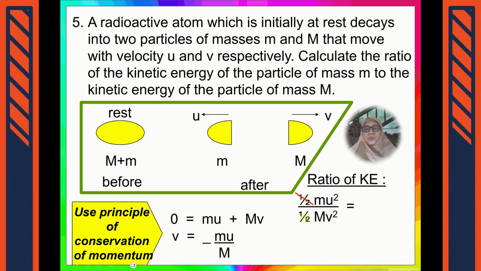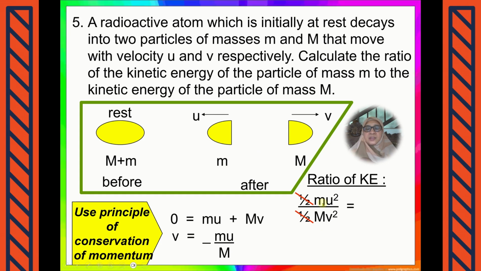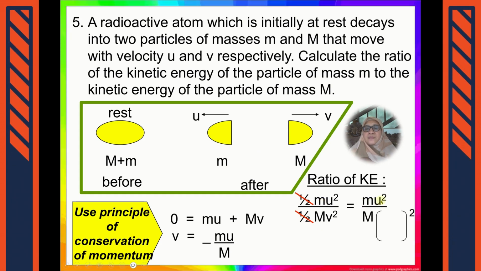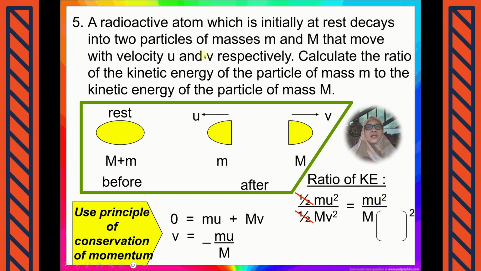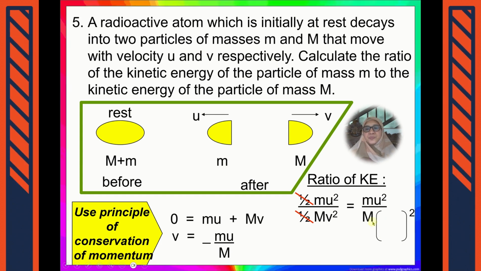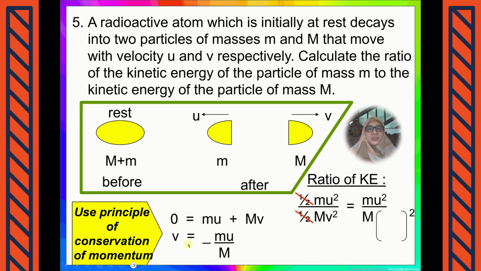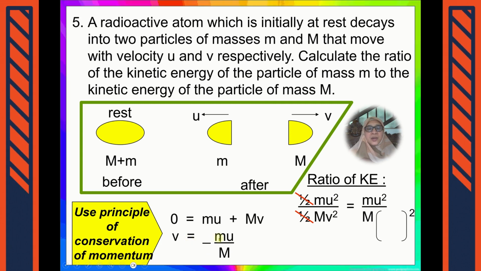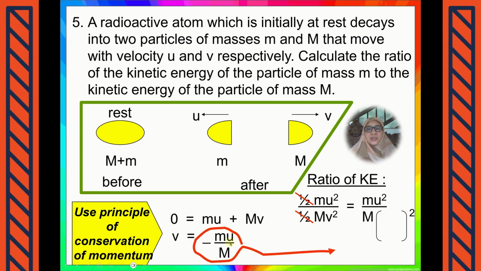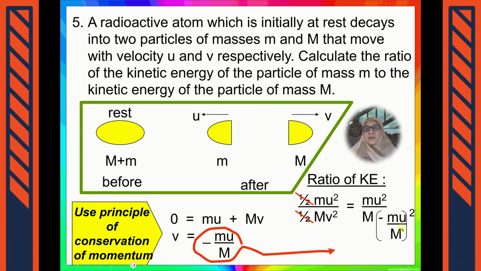So you cancel out the half. So we have m u squared, okay, u squared is given here. Then M, this v squared you substitute into the equation. Okay, negative mu over M, squared.